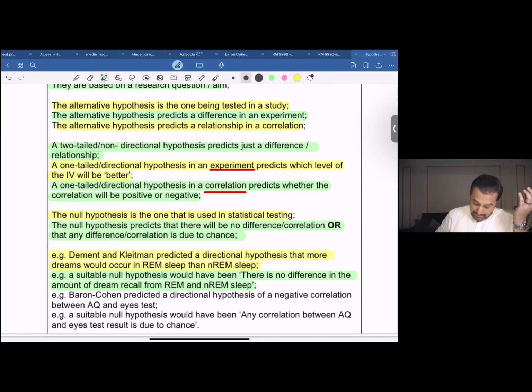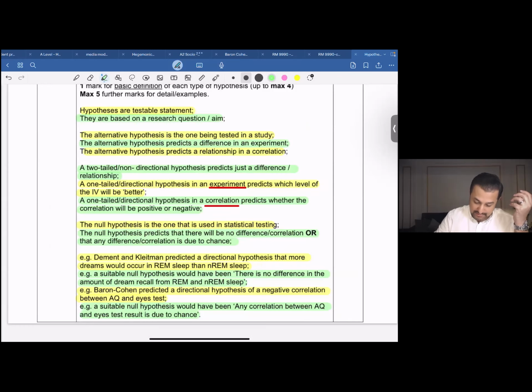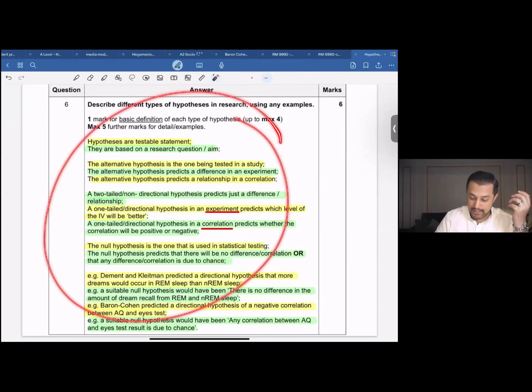Taking it ahead, Baron-Cohen predicted a directional hypothesis of a negative correlation between the AQ and ICE test. A negative correlation means that as one increases, the other decreases, or alternatively, as one decreases, the other increases. Moving on to the fourth example, a suitable null hypothesis would have been that any correlation between AQ and ICE test results is due to chance.